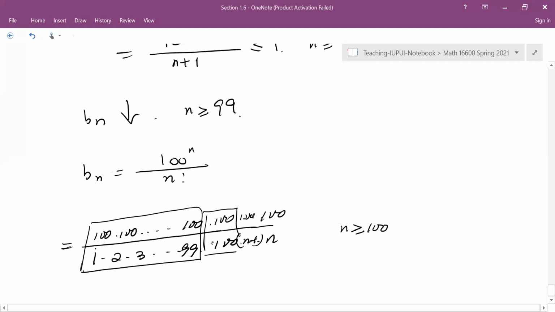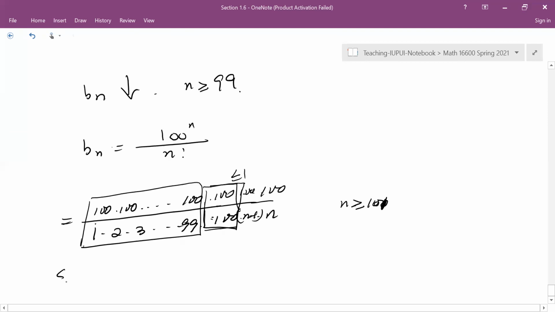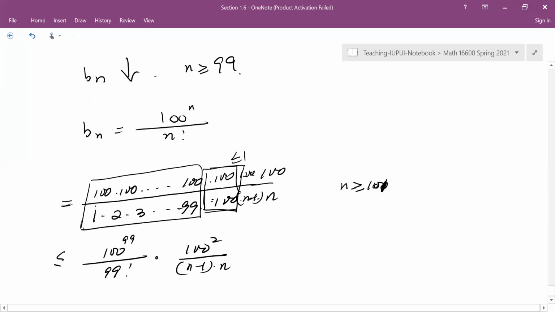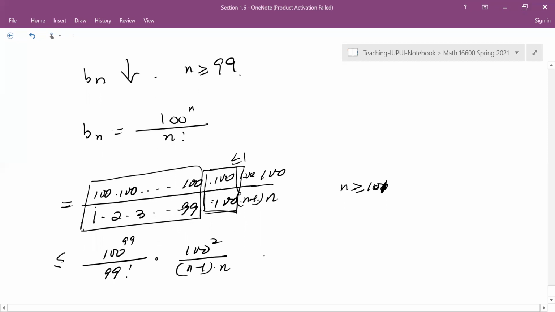So at least I have to have two terms, so n should be greater than or equal to 101. Then the rest of this part is always less than or equal to 1. So what I got here is less than or equal to 100 to the 99 over 99 factorial. That's a big constant. Then here's n minus 1 times n, which is about 100 squared over n squared. Clearly, that is enough because I just want to prove it converges to 0.